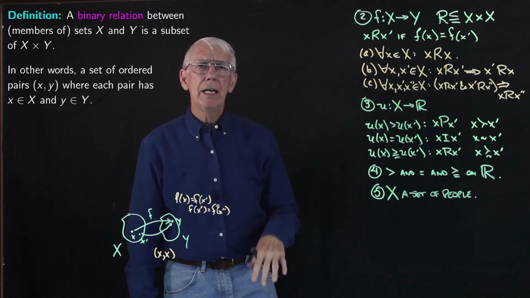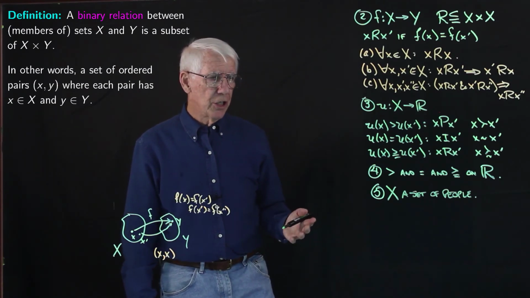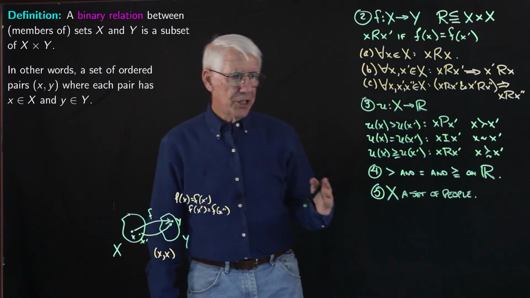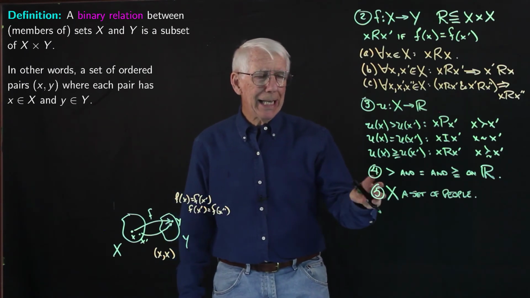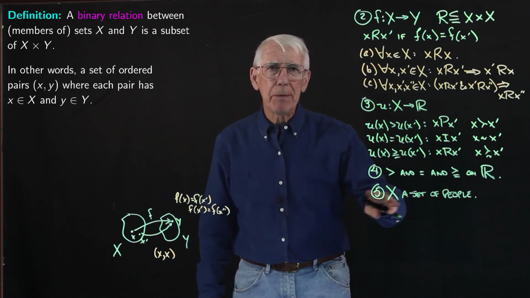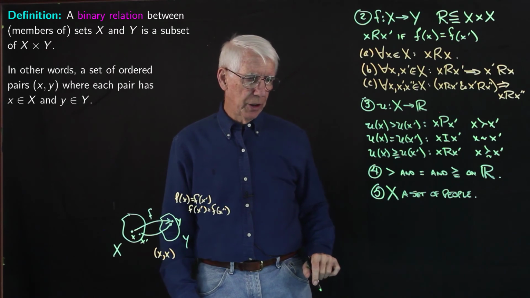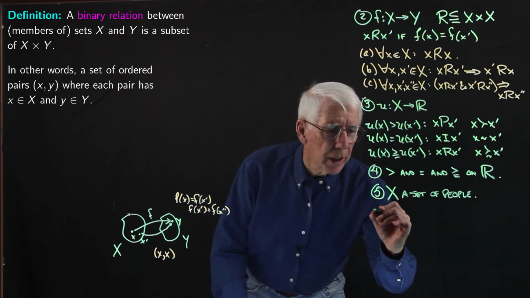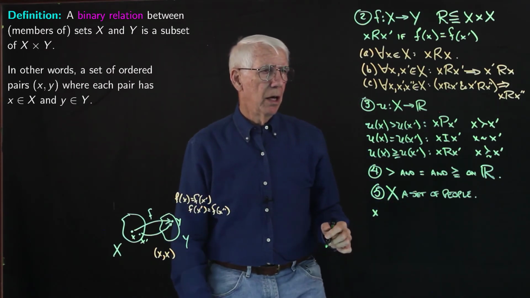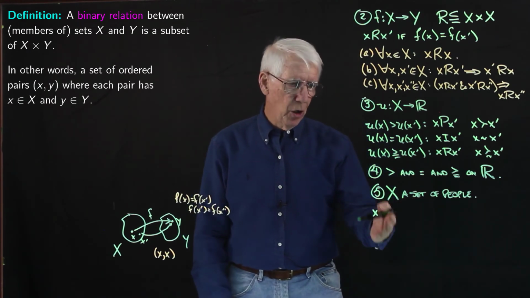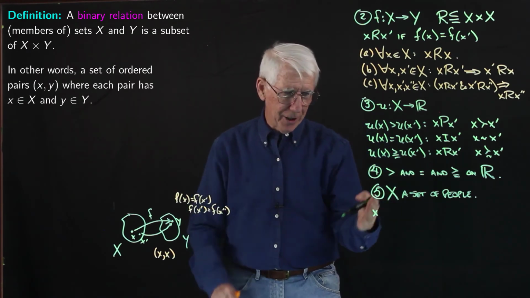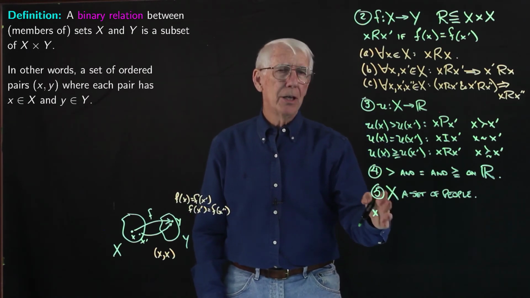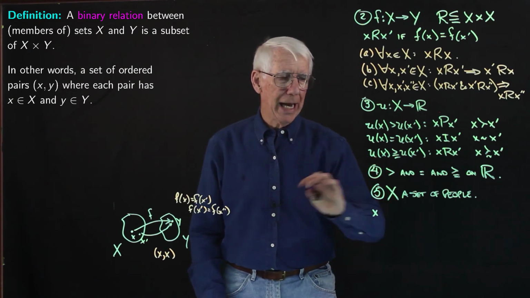And I'm going to define several relations on X. That is, several relations between the members of X, between the people. The first relation we're going to define is, and here I'll use X and Y, even though there's no Y set here. We're just talking about subsets of X cross X.